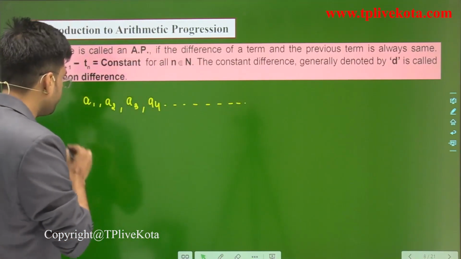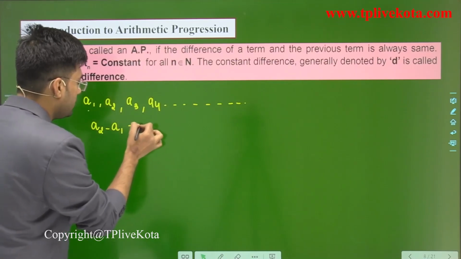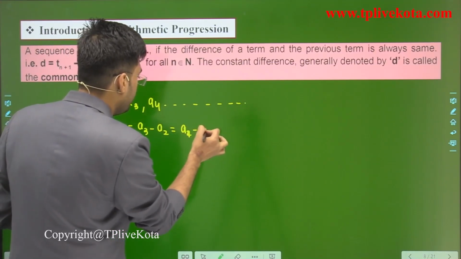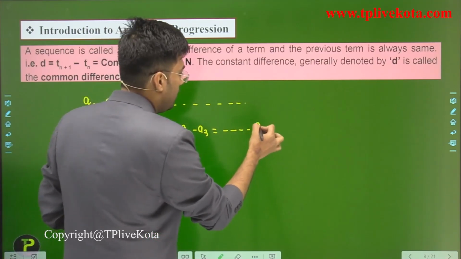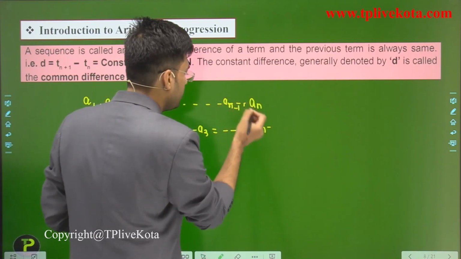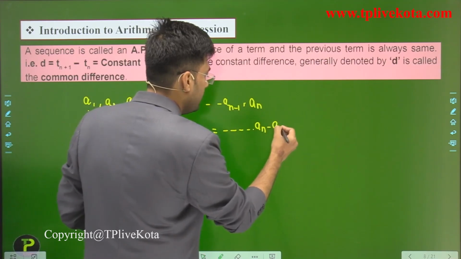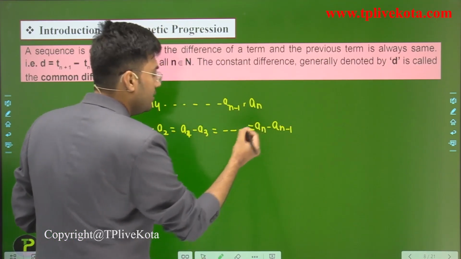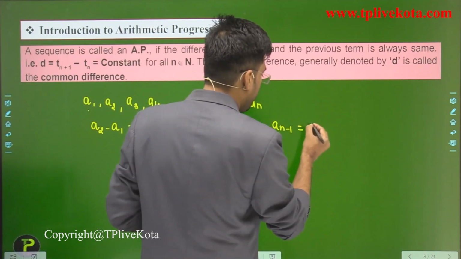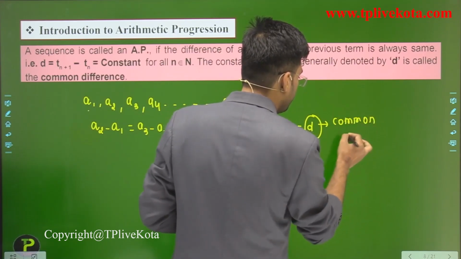Now the difference of A2 and A1 is equal to A3 minus A2, which is equal to A4 minus A3, and similarly an minus a(n minus 1), where an is the nth term and before it we have the (n minus 1)th term. If these are all equal, then we can say that this is an arithmetic progression, and this difference is known as the common difference.